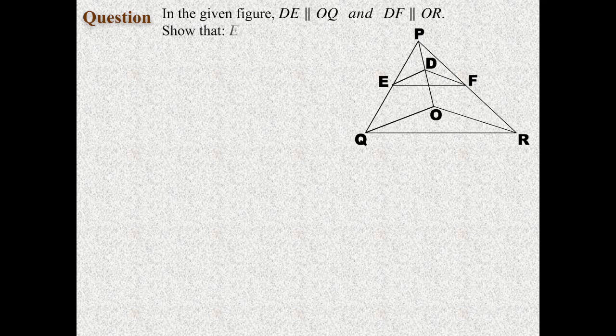Then show that EF is parallel to QR. So we are given two pairs of parallel line segments, DE parallel to OQ and DF parallel to OR, and we need to prove that EF is parallel to QR.